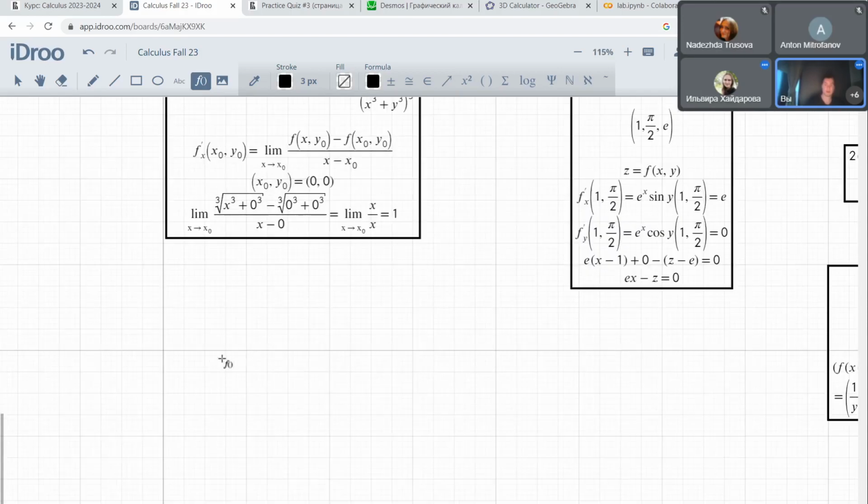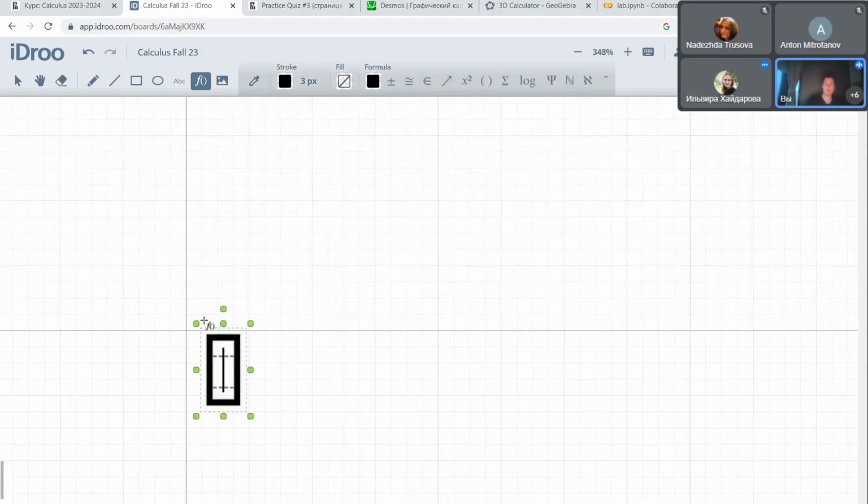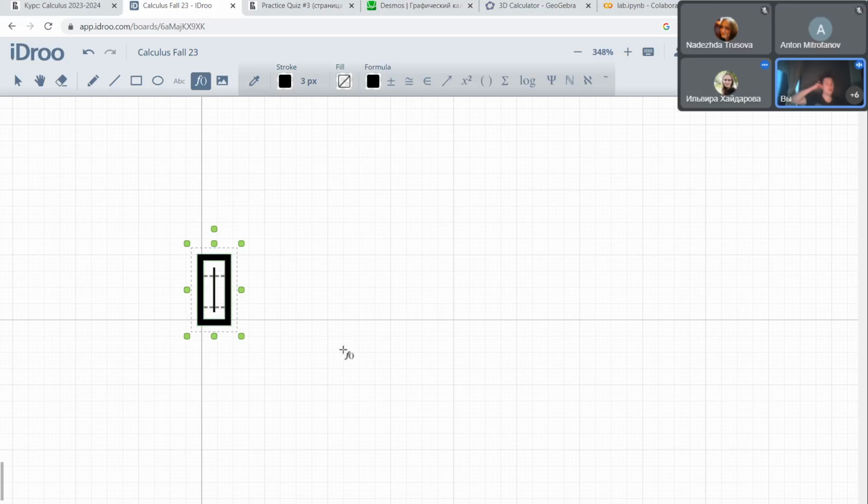Sure, yeah. For example, there is an interesting question. We know that usually we saw a lot of different continuous functions and differentiable functions, and usually if a function is continuous, it is continuous in some neighborhood of this point.